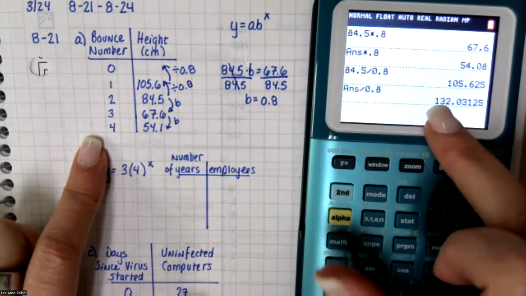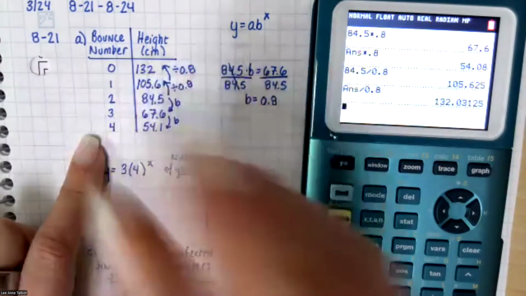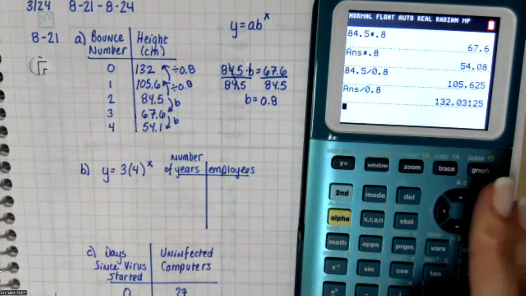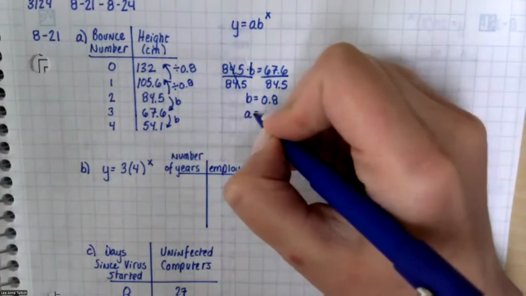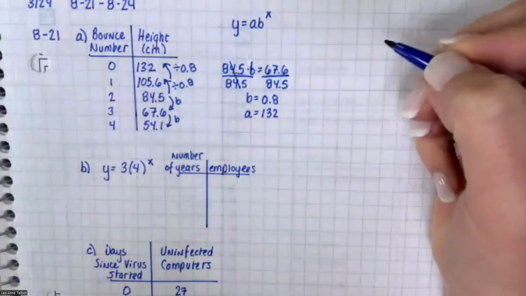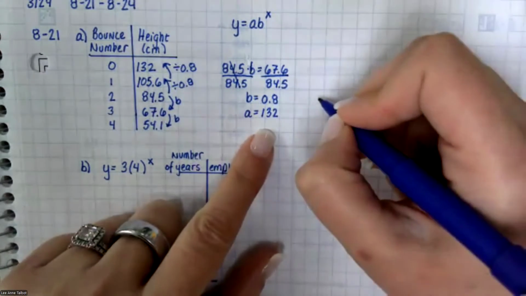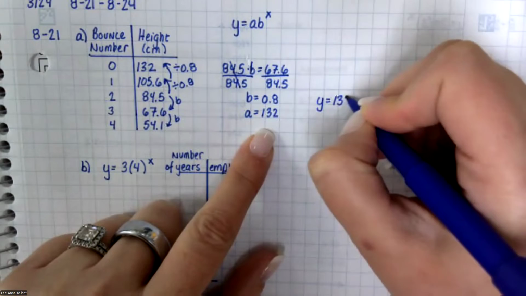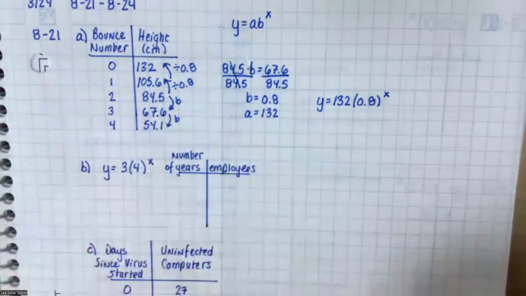And we're just going to round this to 132. That means that A is 132. And our equation is y equals 132 times 0.8 to the x.